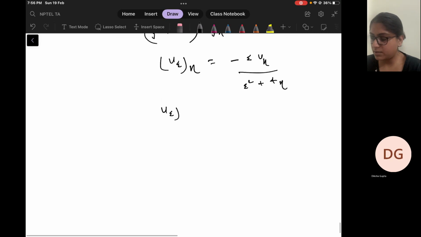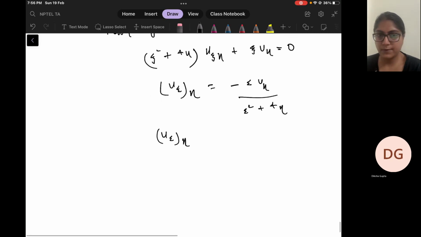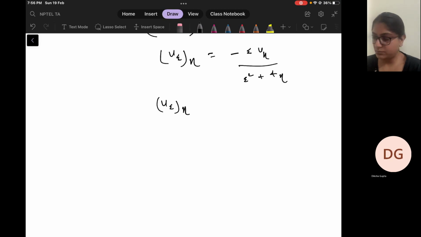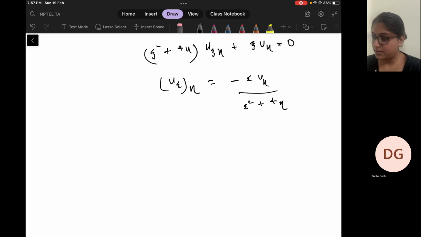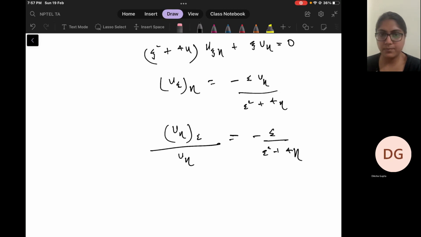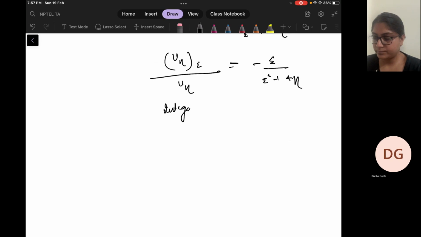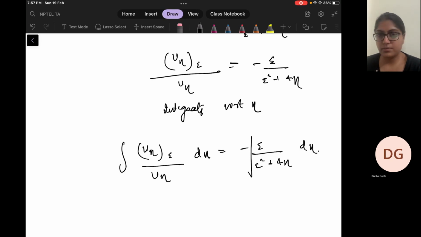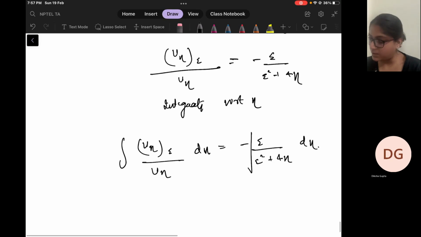So what you can write is u epsilon eta, or u eta with respect to epsilon, and u eta is equal to minus epsilon upon epsilon square plus 4 eta. Integrating, we get u eta epsilon upon u eta d epsilon is equal to minus epsilon upon epsilon square plus 4 eta, right? It is integrated with respect to epsilon because we have this here.